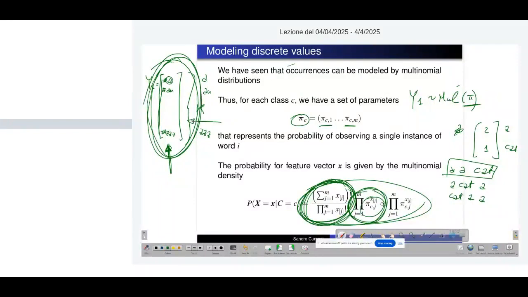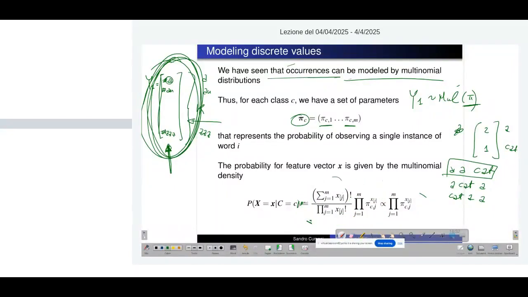Because when you work with documents, typically this is the characterization that you had when we were using categorical models. Represent the documents not in terms of words, but in terms of occurrences of the words in each document. Now, this is the expression for the class conditional likelihood.